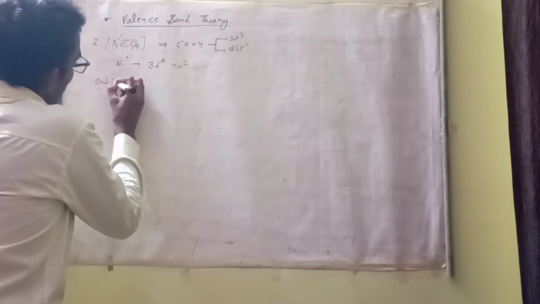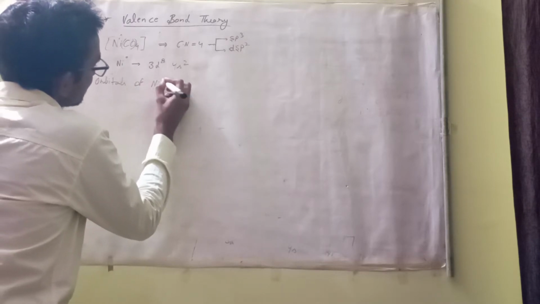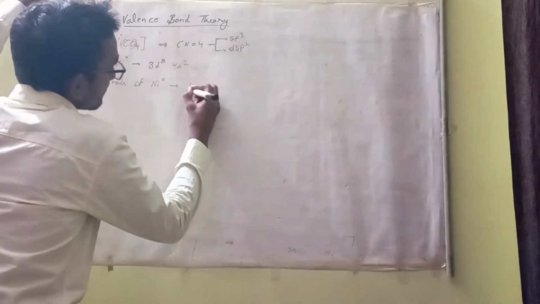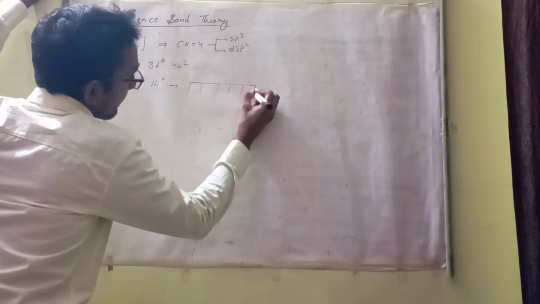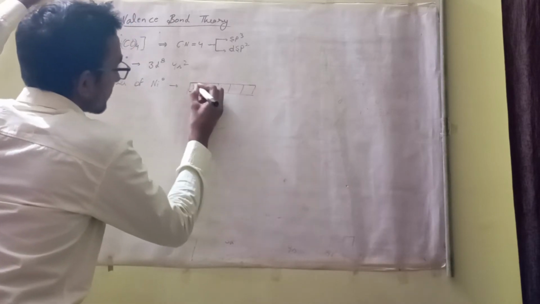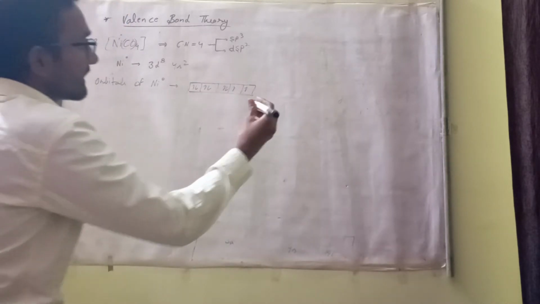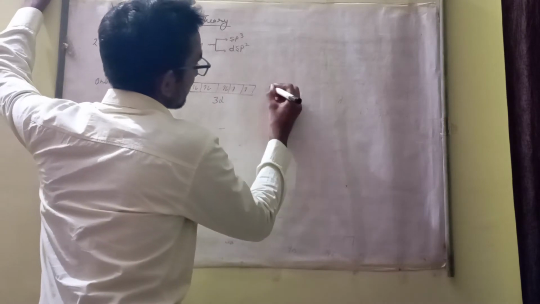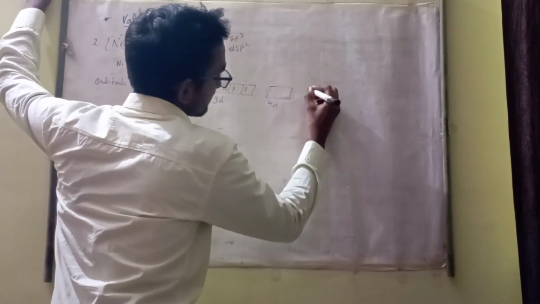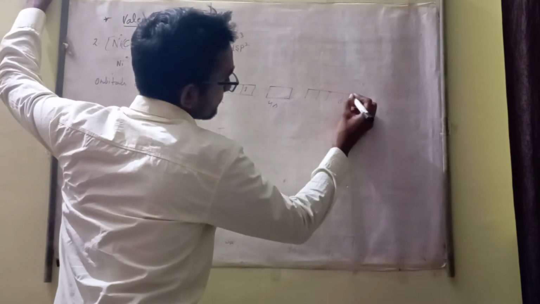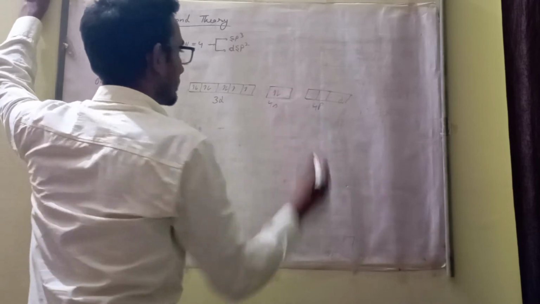The orbitals of nickel 0 are 3d, 4s and 4p.